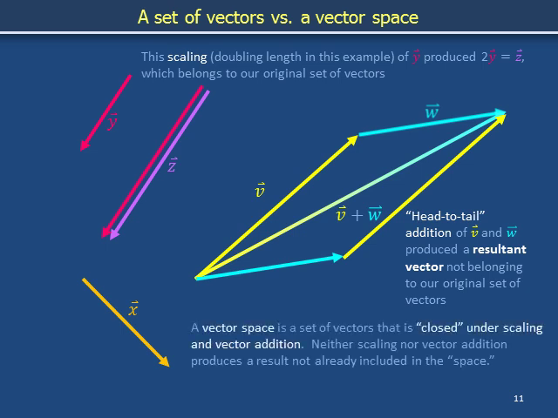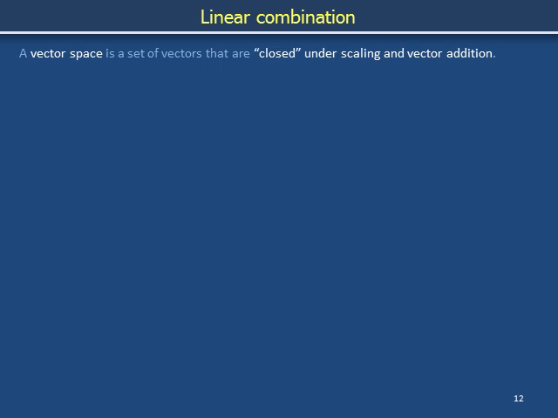A vector space is basically a set of vectors that is closed under scaling and vector addition. This is to say that neither scaling nor vector addition produces a result not already included in the so-called space. A vector space is a set of vectors that is closed under scaling and vector addition.